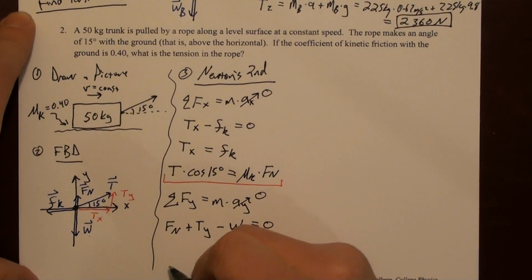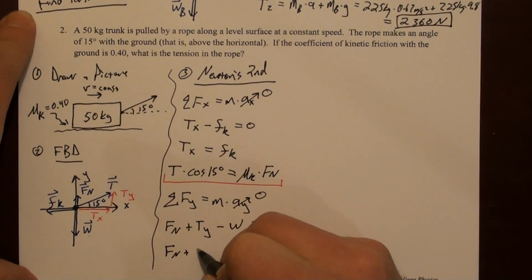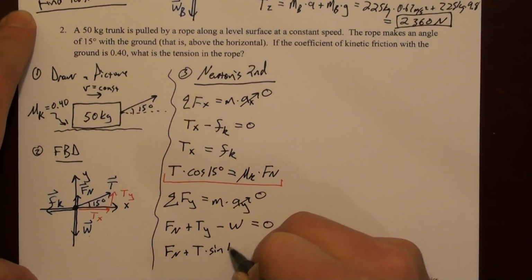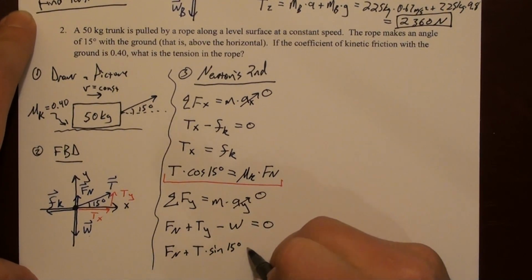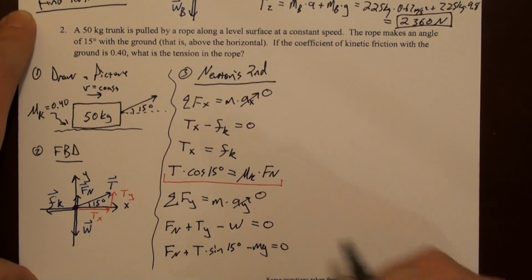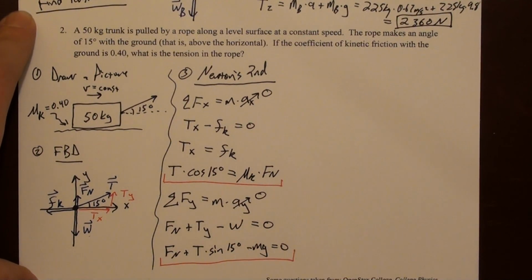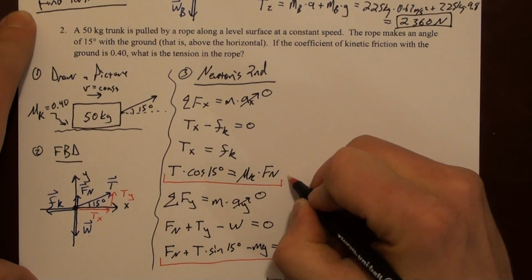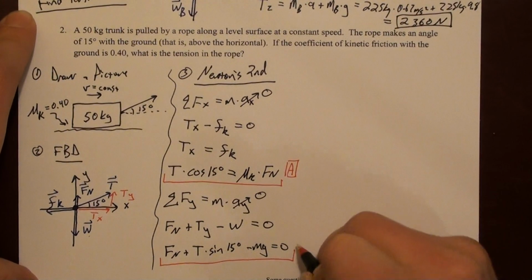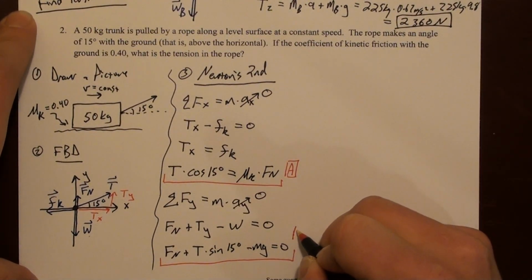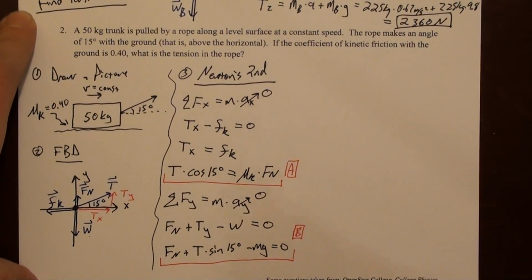Alright, so we can do one more line here. That the normal force plus T sine 15 minus mg equals 0. And that's a second equation with the same two unknowns, right? The normal force that we don't know and the tension that we don't know and we're solving for. So I'm going to label these two equations as maybe A and B, just for convenience in the next step.